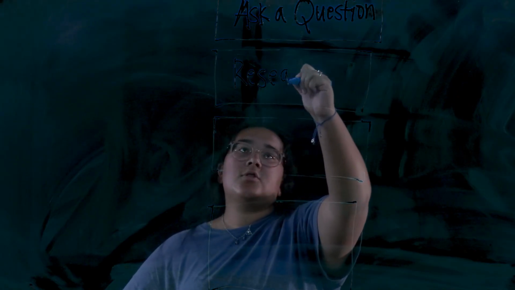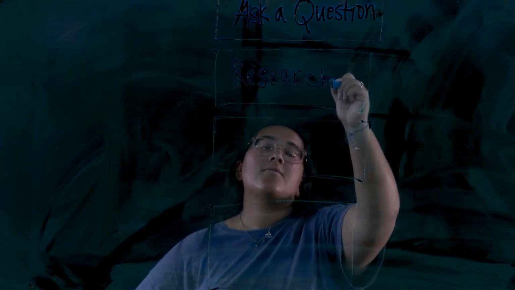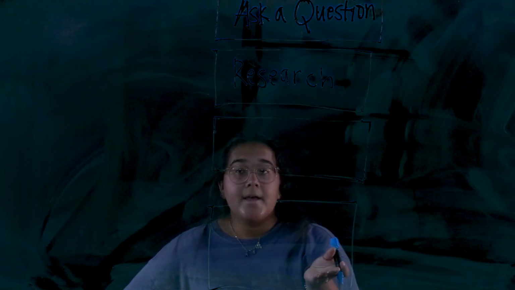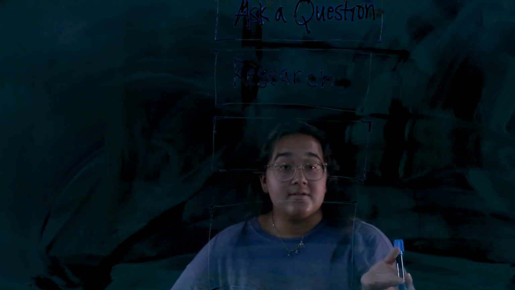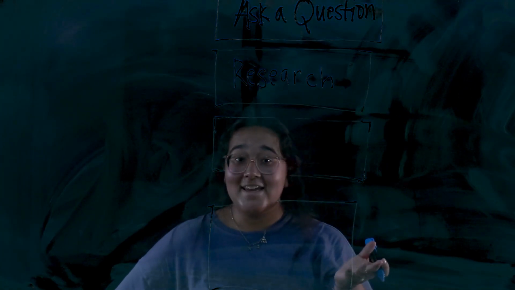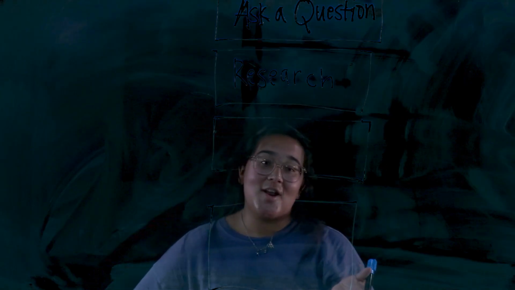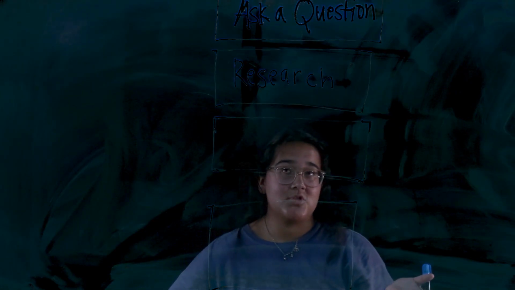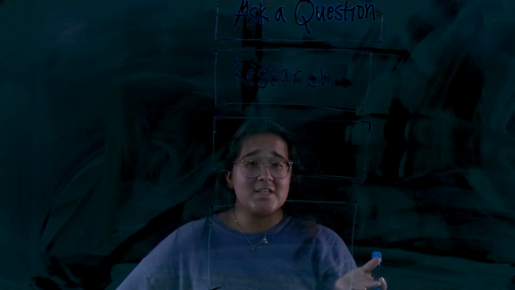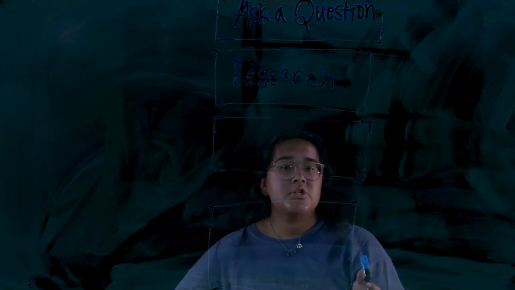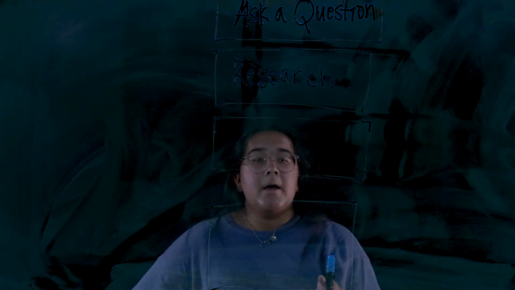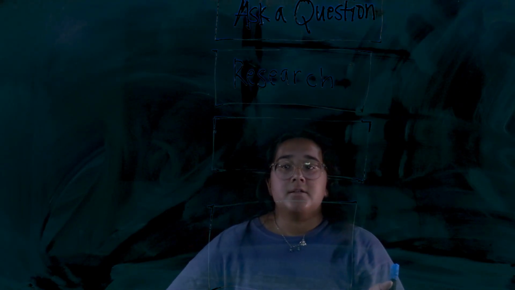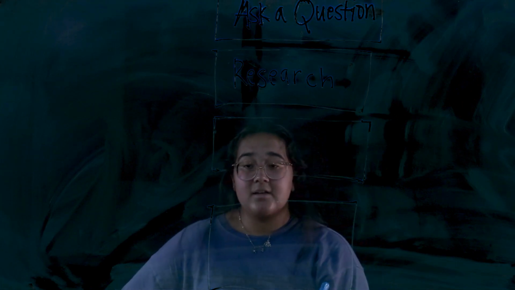There's two reasons for doing some research. The first reason is, is there already an answer to this question? Have we, as a society, figured out why the apple falls from the tree? But another reason is, if you're asking the question about apples browning, maybe online you find some remedies for that.